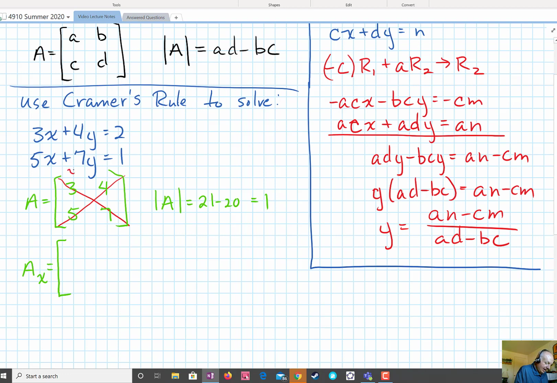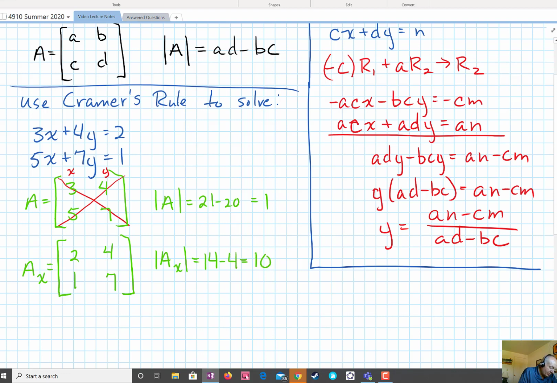Remember, I refer to this as the x column because the 3 and the 5 come from the x's, and this would be the y column. So the y column stays the same, 4, 7, but the x column gets replaced by the right-hand side of the system. Then we find the determinant of A sub x, which is 14 minus 4, or 10.